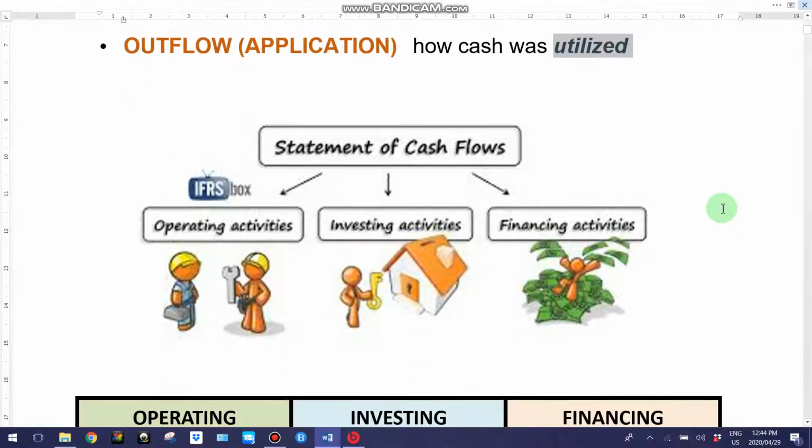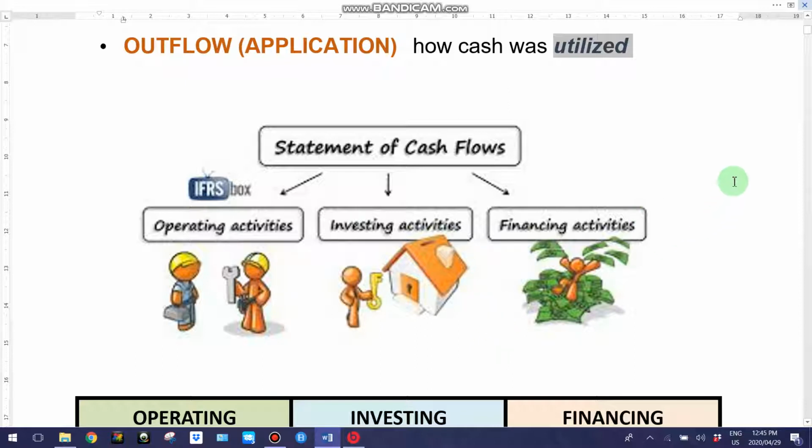Now, the cash flow statement is made up of three broad sections. You have the operating activities, the investing activities, and the financing activities. Before looking at the actual format, let's get an idea of what makes up these three sections, what type of information is contained in each.